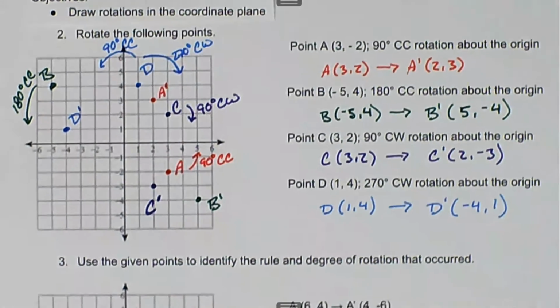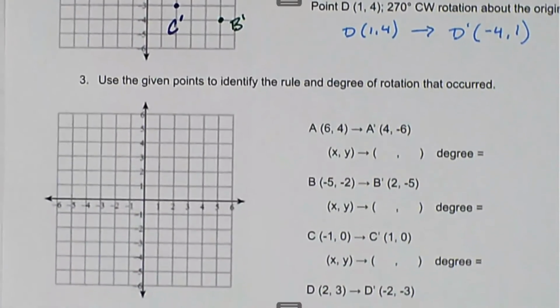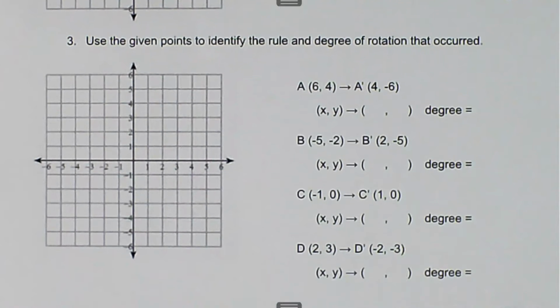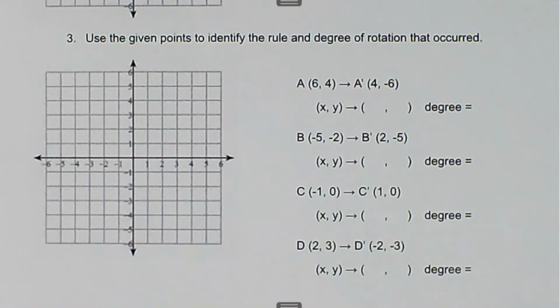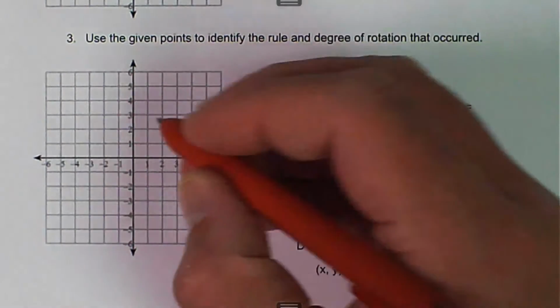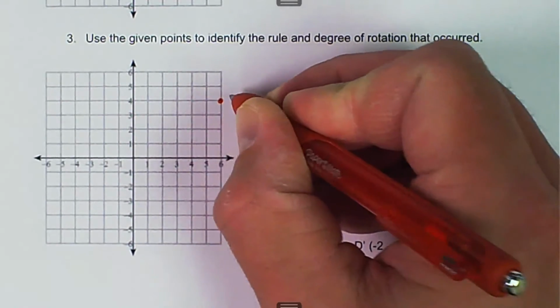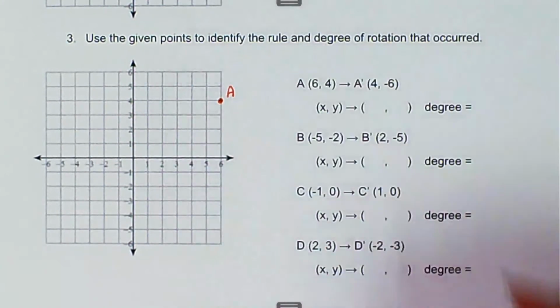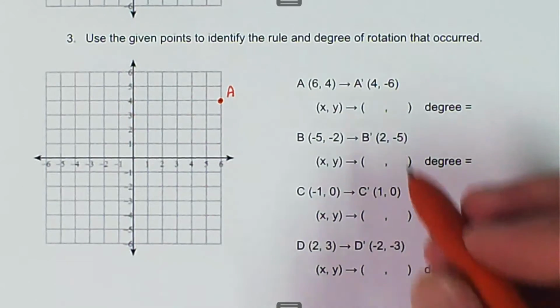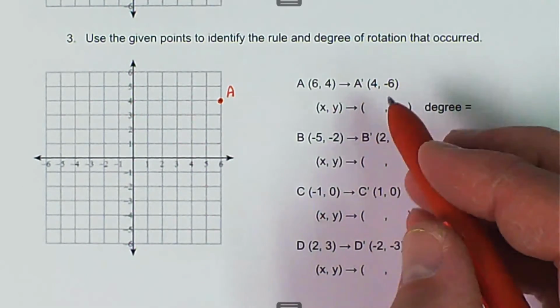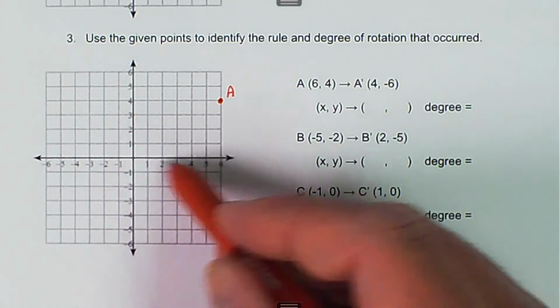We have example 3. It says use the given points to identify the rule and degree of the rotation that occurred. So point A is (6, 4). So over 6, up 4. And A prime is at (4, -6).